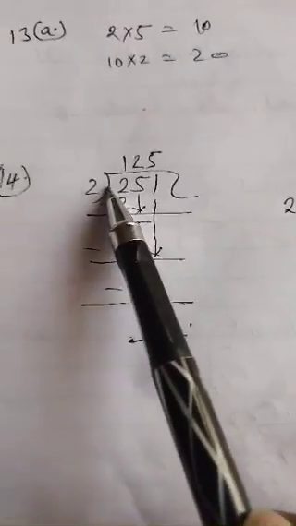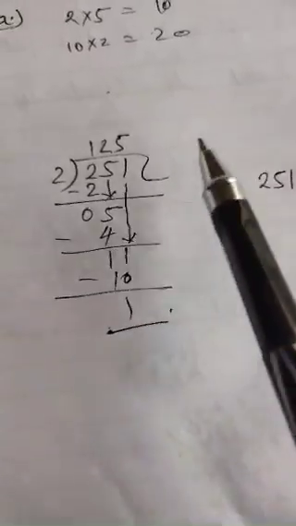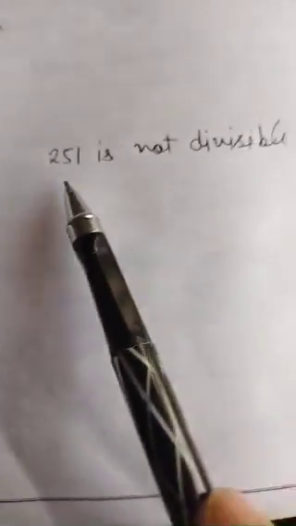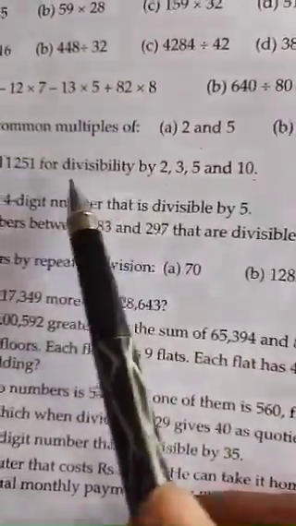For example, if we want to test 251 by 2, whether 251 is completely divisible by 2 or not, we will divide it simply as we used to divide. Then after dividing, we find that there is a remainder. This is not completely divided, a remainder is left here. So we will write 251 is not divisible by 2. In this way we have to check all the divisibilities by dividing these numbers.